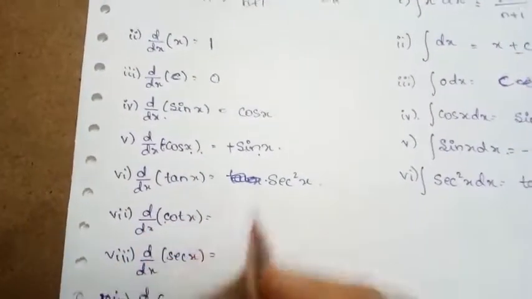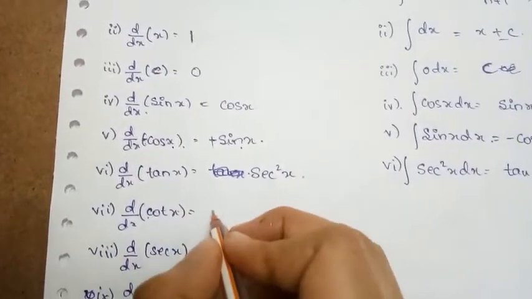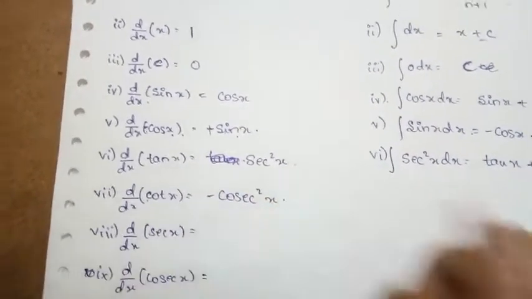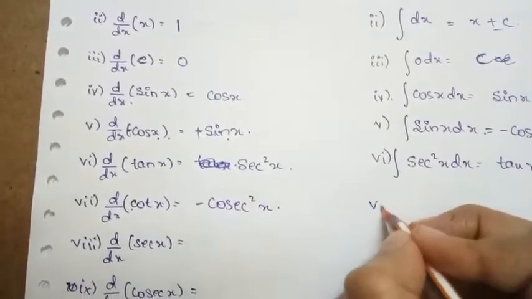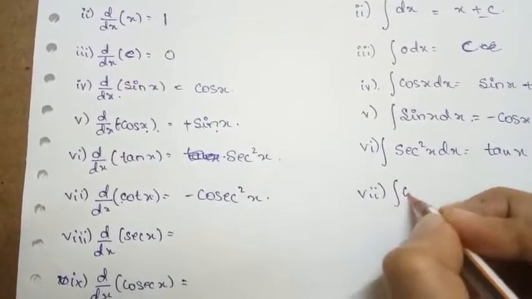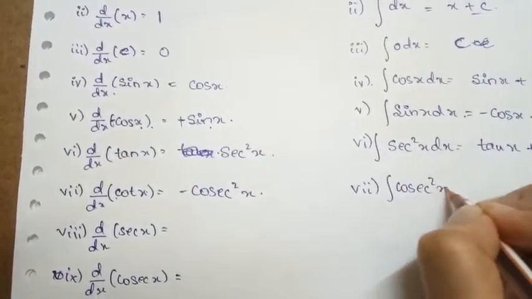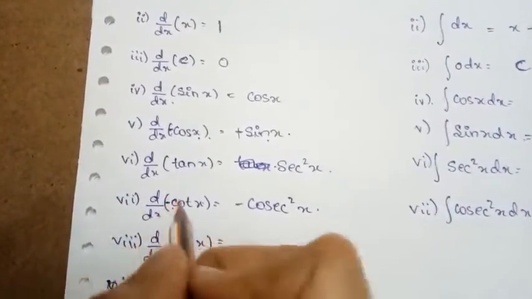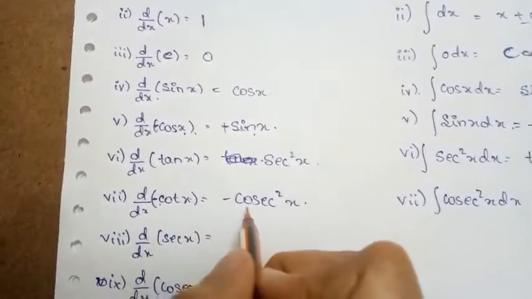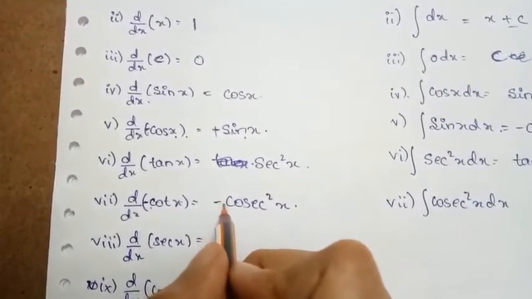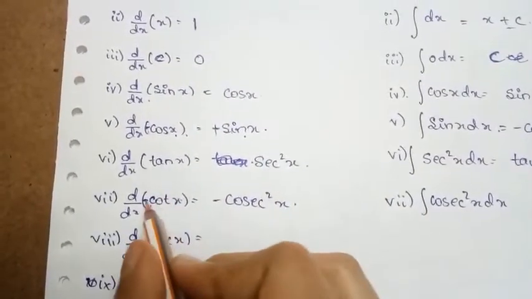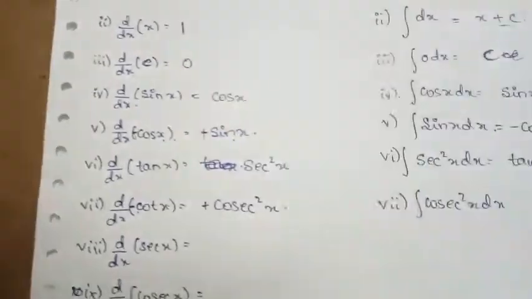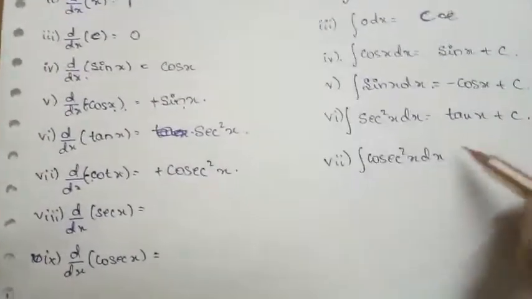Similarly, the differentiation of cot x is minus cosecant square x. Suppose I need the integration of only cosecant square x dx, what are we doing? I am multiplying by minus here, so the differentiation of minus cot x is minus into minus cosecant square x, which becomes plus cosecant square x.